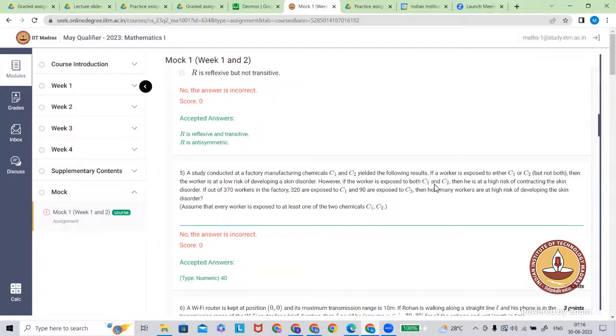If he comes in touch with both chemicals simultaneously, then there is a possibility that he may develop a skin disorder at high risk.